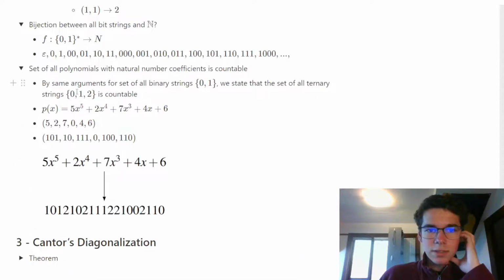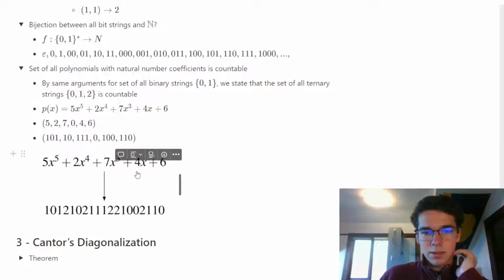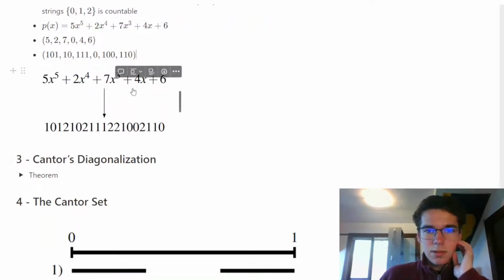And each coefficient corresponds to, for example, this would be A5, A4, A3, A2, A1. And so they all correspond to, we have A5, A4, A3, A2 in this case is 0, A1 is 4, and then A0 would be 6.